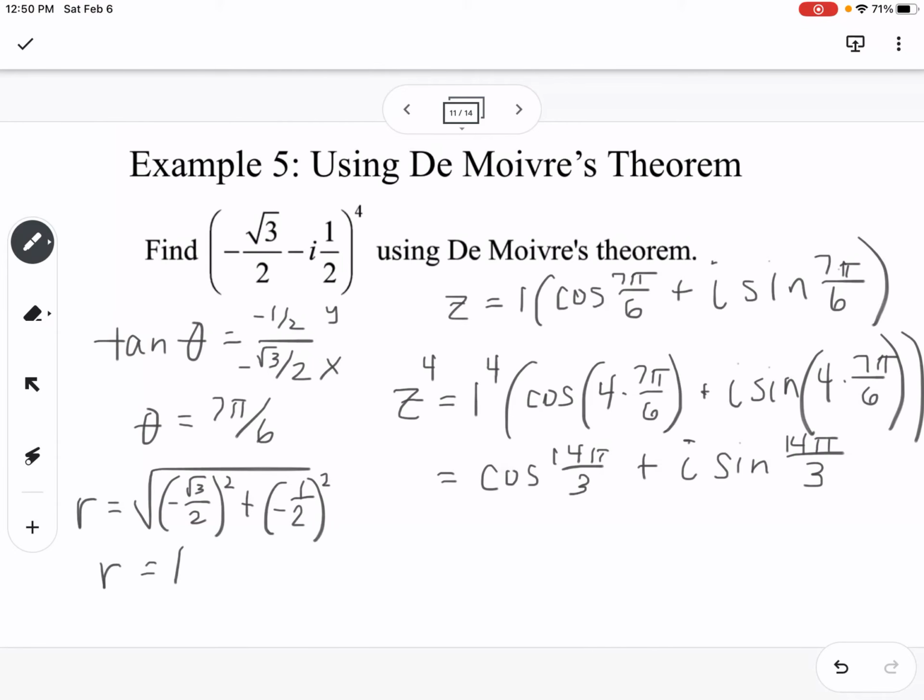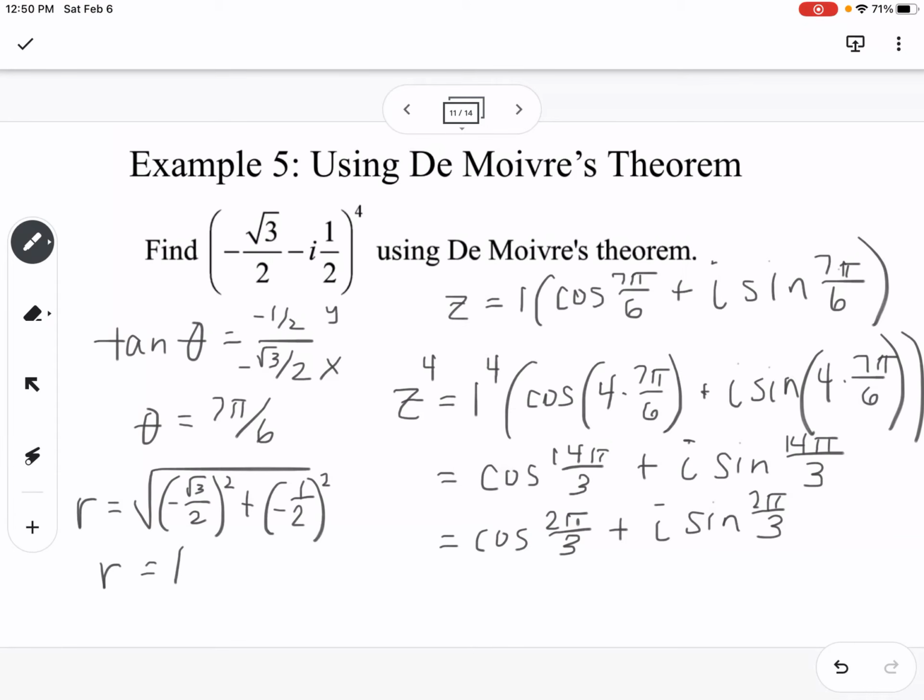Then we can think about it: 14 pi over 3 is bigger than 2 pi, so we can find the coterminal angle. If I subtract 2 pi twice, I will get 2 pi over 3. So this is the same as cosine of 2 pi over 3 plus i times sine of 2 pi over 3.